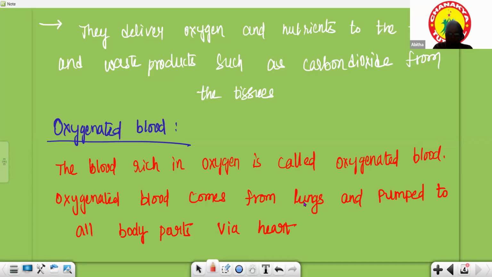So the heart pumps deoxygenated blood to the lungs, where oxygen combines with the blood and the blood becomes oxygenated. This oxygenated blood is again pumped to the body parts by the heart. Clear?